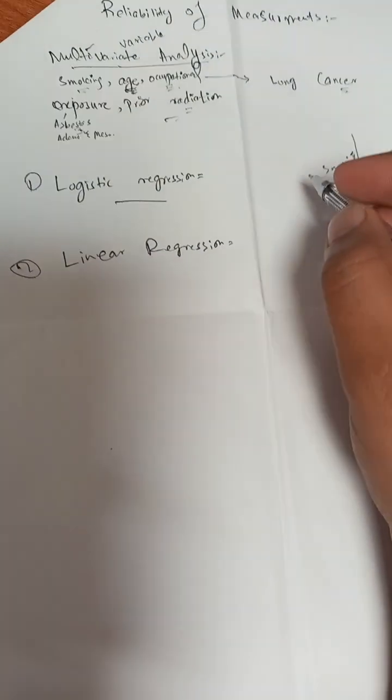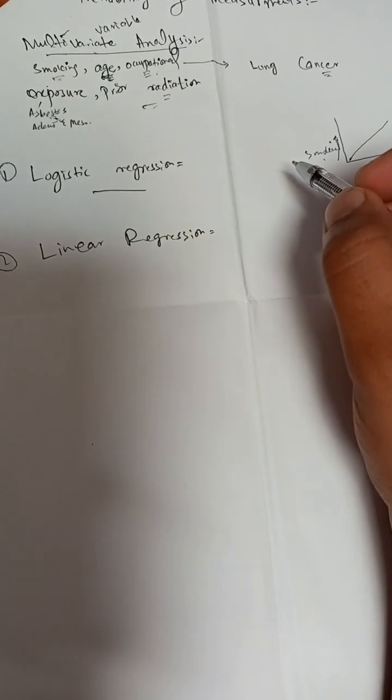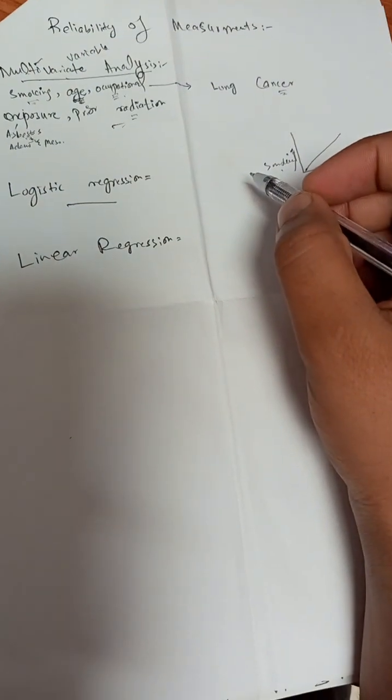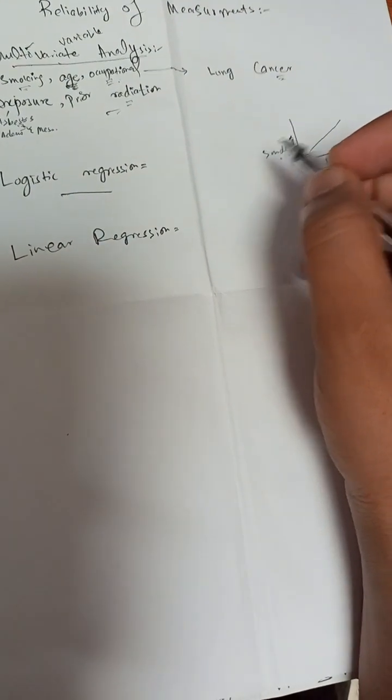Now, what is logistic regression? It is used in models assessing dichotomous outcomes, like alive versus dead, having a disease versus not having a disease.